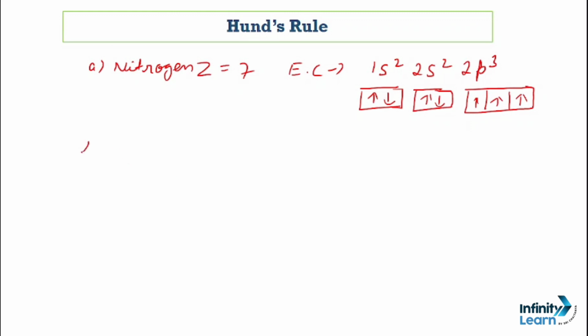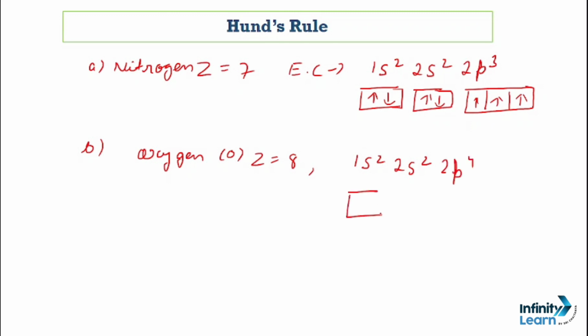Okay, so let's take one more example, of oxygen. Oxygen has atomic number 8. So the electronic configuration of oxygen will be 1s2, then 2s2, then 2p4.